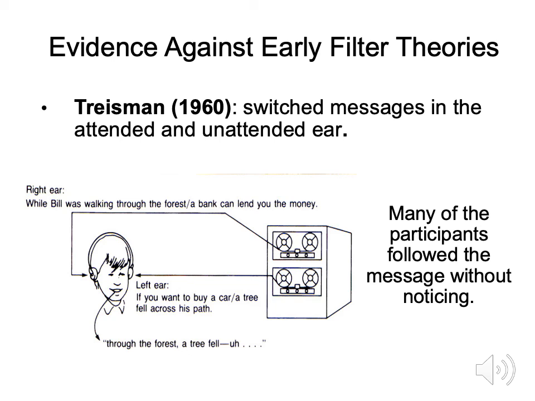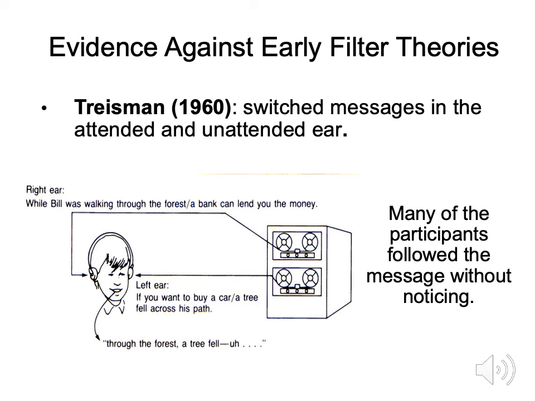However, people said the coherent statement, "While Bill was walking through the forest, a tall tree fell across his path." They didn't even notice that they had switched to listening to the other ear. In her experiments, Treisman demonstrated that participants were still able to identify the contents of an unattended message, indicating that they were able to process the meaning of both the attended and unattended message.